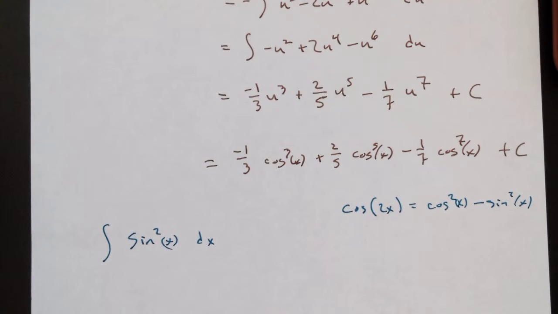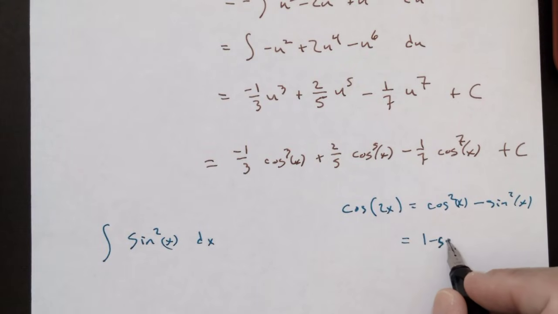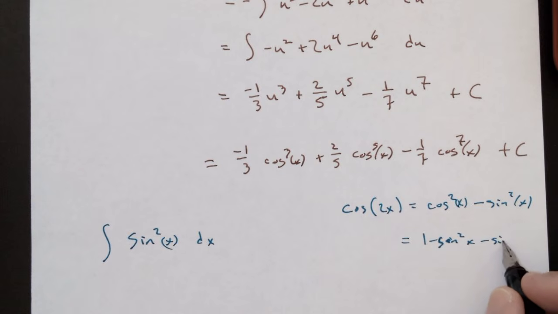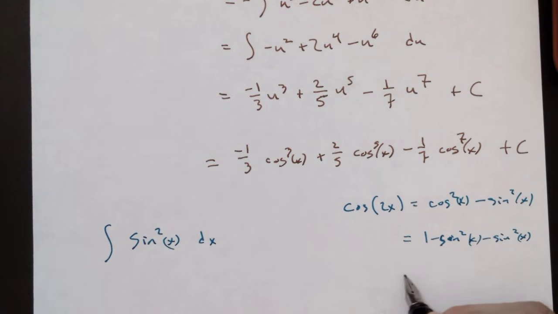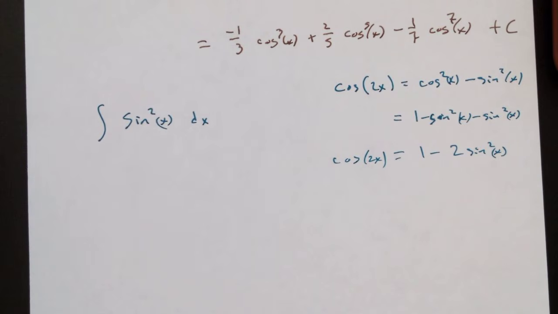So it's Pythagoras, but with a minus sign. Then I take the Pythagorean identity we were just using, and I'm going to get rid of this cosine. And that makes this 1 minus 2 sine squared x. Take that formula and rearrange it to get the sine squared all alone.